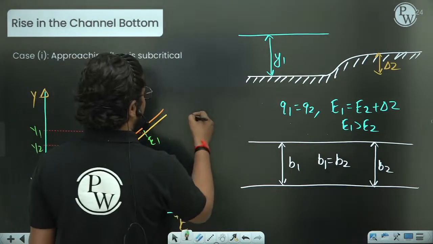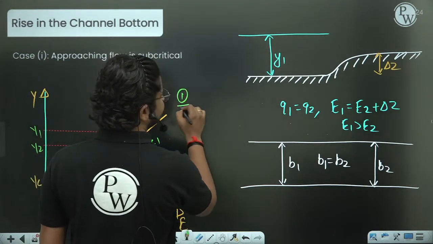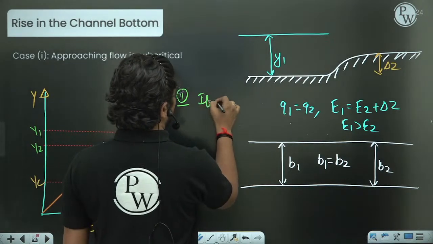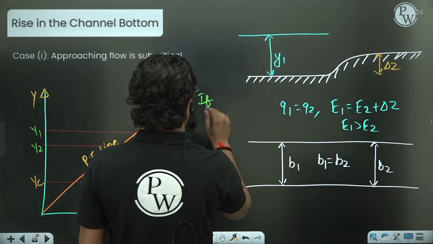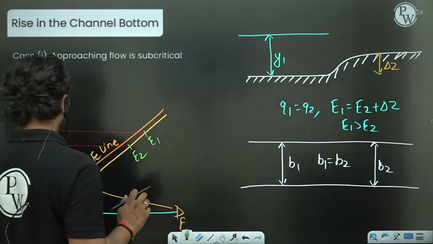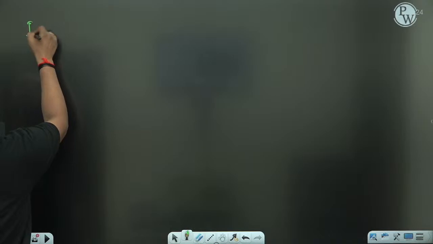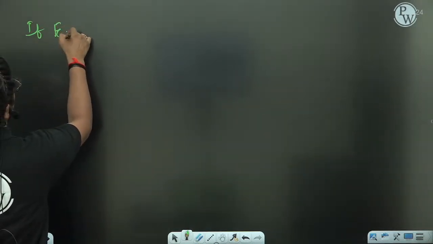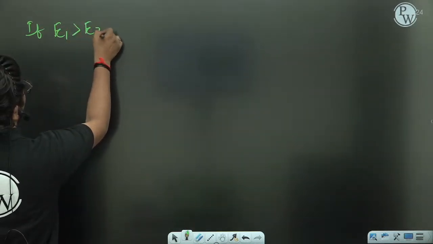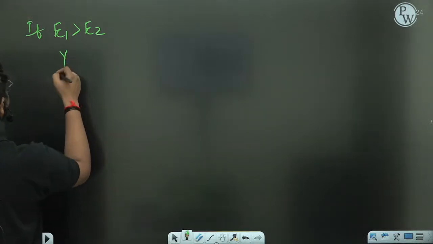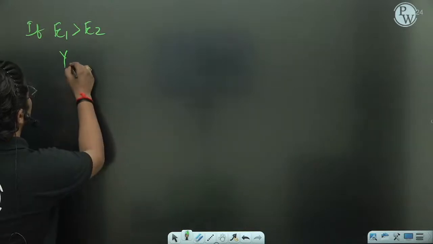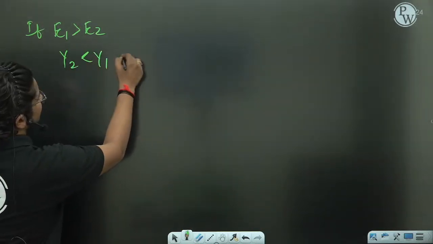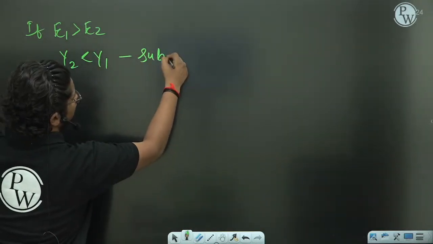That means what we got here, case first: if E1 is greater than E2, then Y2 will be lesser than Y1. This is for the subcritical flow.